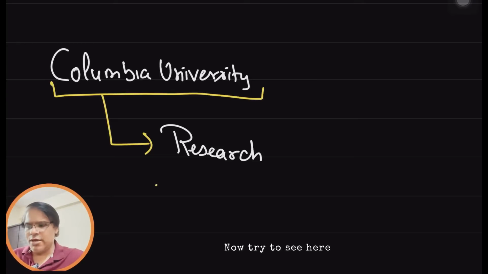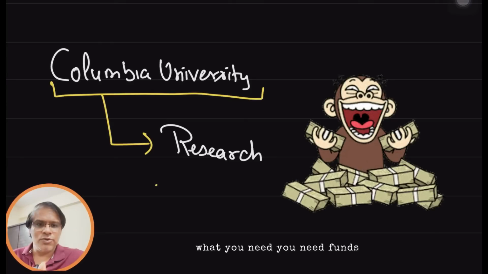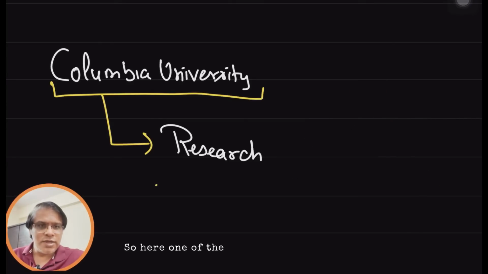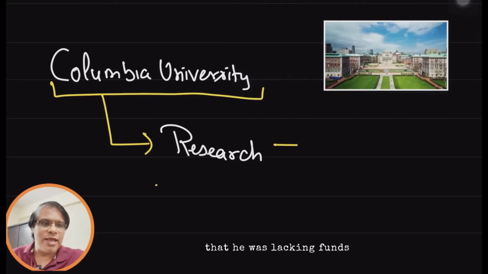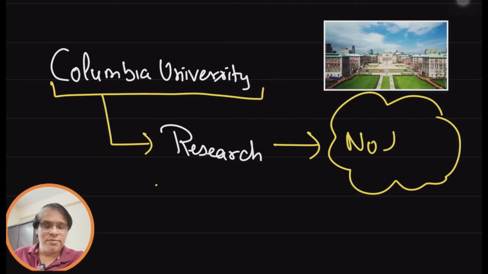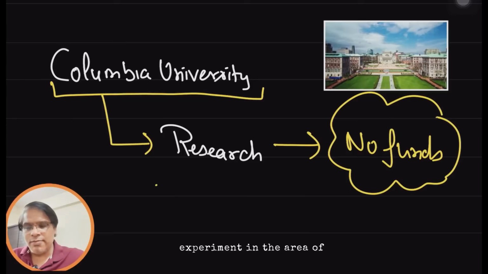Now if you want to carry out research, what do you need? Funds. One of the challenges in front of T.H. Morgan was that he was lacking funds, but he was very interested in carrying out experiments in the area of genetics.